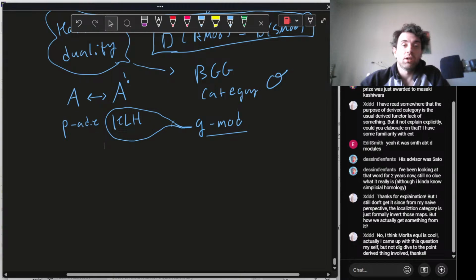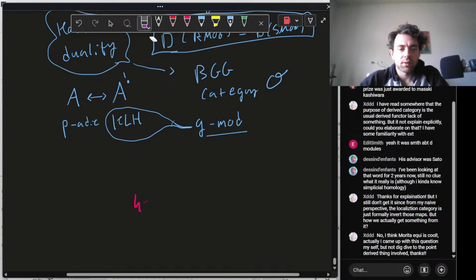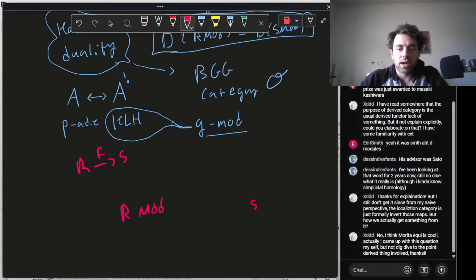So I will quickly say there is this six functor formalism. For example, even if we just go down to the level of rings, if you have a morphism of rings, then, speaking of Morita theory, we get a bunch of interesting functors between these module categories induced by this morphism.